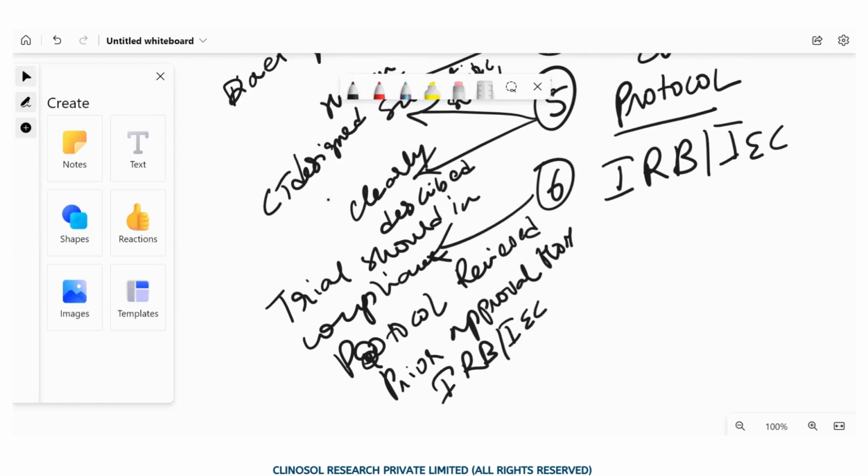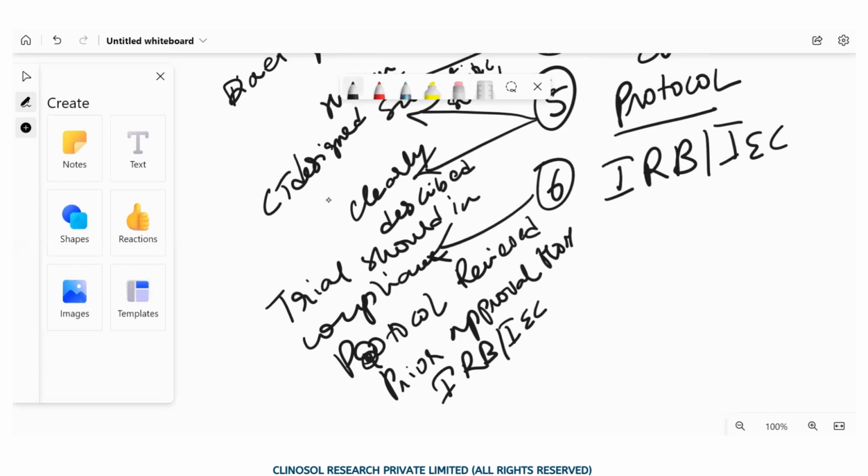So the trial should be conducted in compliance with a protocol which has been previously reviewed and approved by IRB and IEC. If the protocol has not been approved by IRB, IEC, you can't conduct or initiate a clinical trial. So if any of these points is not met, then you can't conduct a clinical trial. Unless and until the IRB and IEC has approved, you cannot continue the clinical trial for any purpose. That's why I have put a point called IRB and IEC.